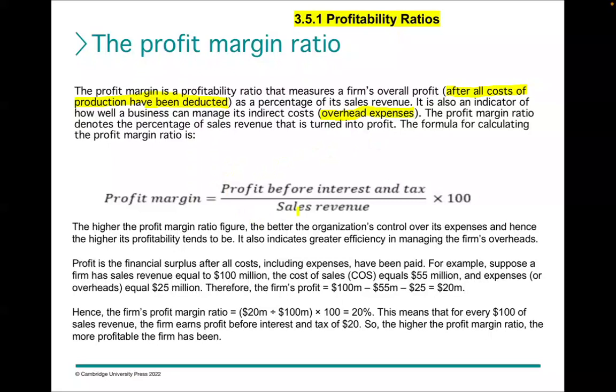So that sales revenue that we had before has gone through taking out the cost of sales, then expenses, and then we're left with profit before interest and tax, divided by sales revenue times 100 because of percentage. The higher the profit margin figure, the better the organization's control over its expenses, hence the higher profitability tends to be. It also indicates greater efficiency in managing the firm's overheads.